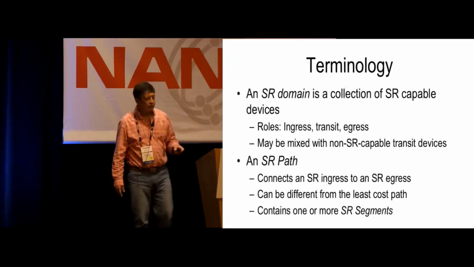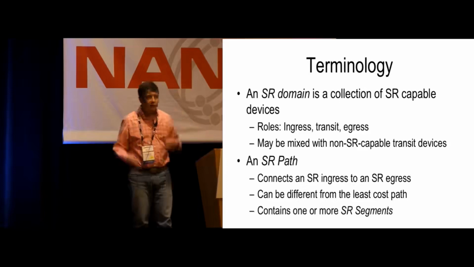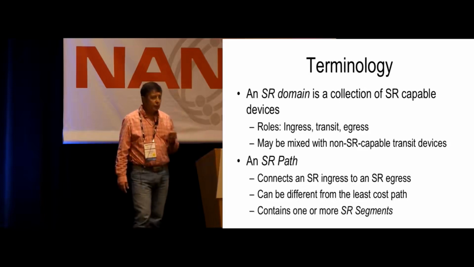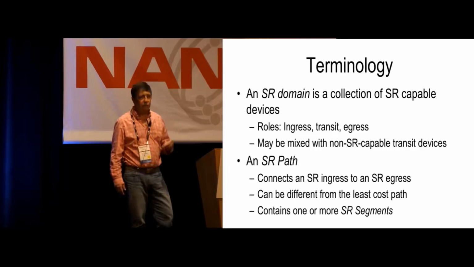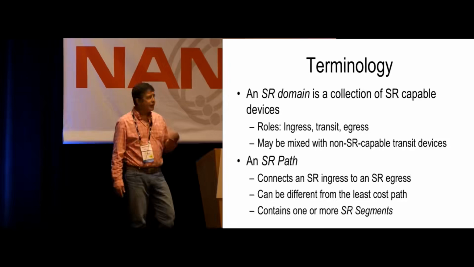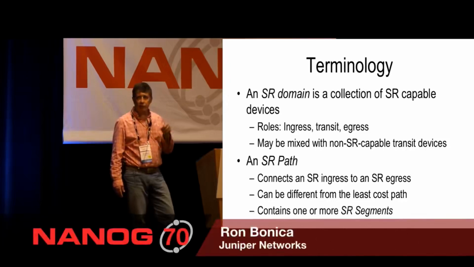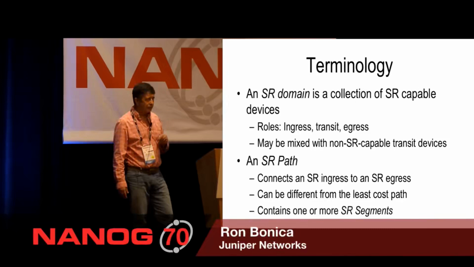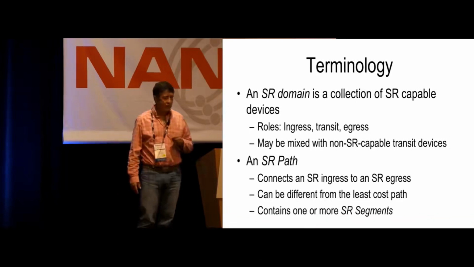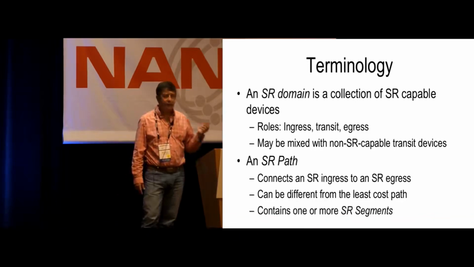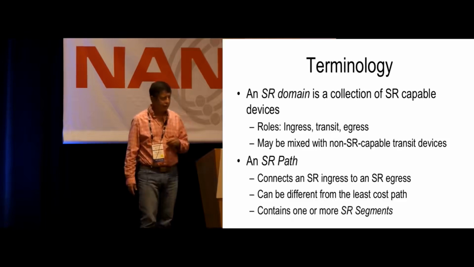First, we need some terminology. We need some words so we can all play the same game. An SR domain is a collection of SR-capable routers. And in that domain, routers play ingress, transit, and egress roles, just like any other MPLS network. Also, inside that domain, you can mix in a few non-SR-capable routers. And we'll talk about ways that we can do that. Next term we need is an SR path. An SR path connects the ingress to the egress. It can be different than the least cost path, that's why it's traffic engineering.